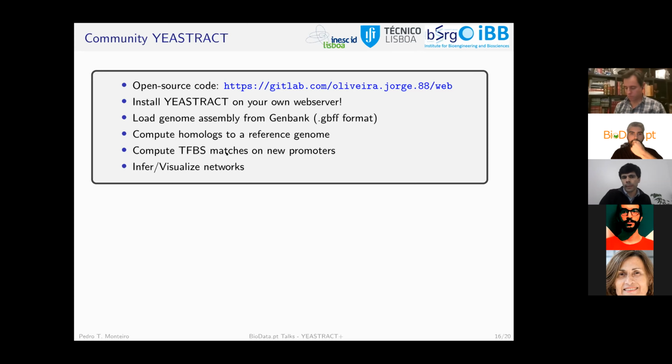We also provide the scripts that can compute the TF binding sites from the reference genome that we already know, so that a given transcription factor has some associated binding sites.